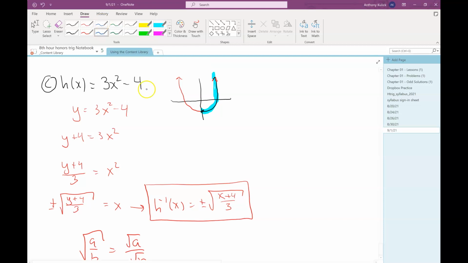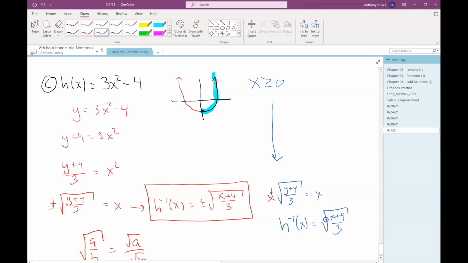For the sake of argument, I'm just going to restrict the domain to be greater than or equal to 0. When we do that, and we get to this step, I can drop the minus from the plus or minus because I know x has to be greater than or equal to 0. And that would allow h inverse then to just be this.